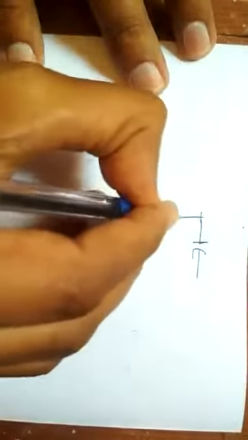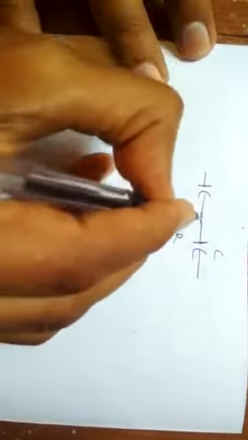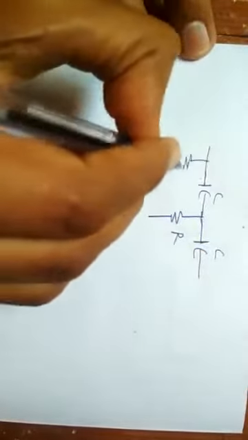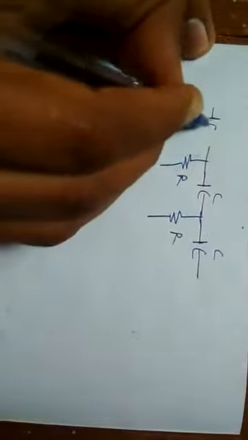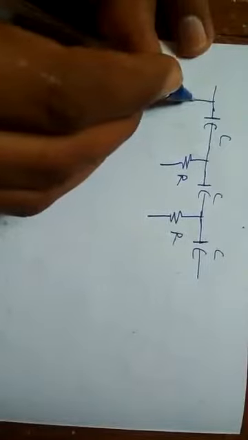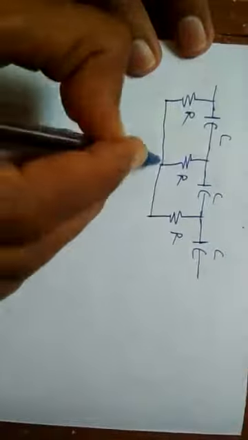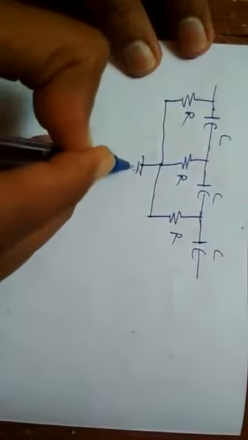So we will have the feedback path like this. Draw the same circuit: first RC pair followed by the second RC pair and finally the third one. All the R's are connected and it is grounded.